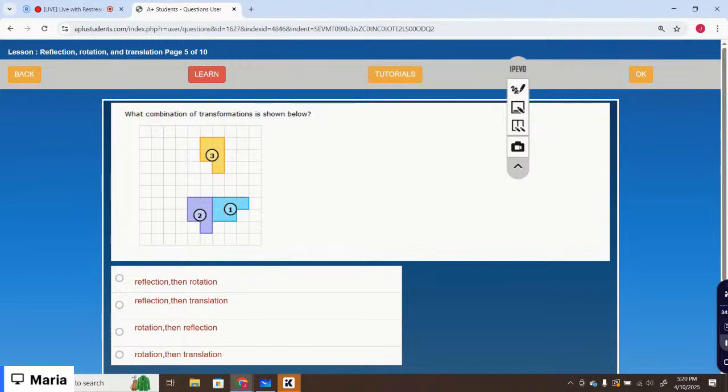What combination of transformations is shown below? One to two, that is the rotation. And two to three, that is the translation. Option number four is the correct option.